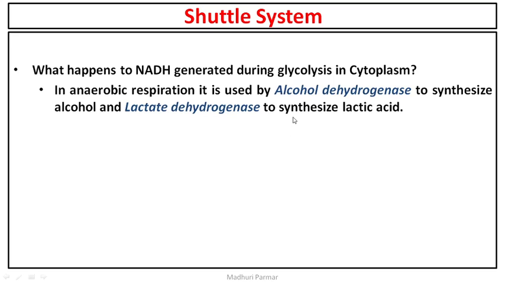If alcohol fermentation takes place, which involves the enzyme alcohol dehydrogenase, then that pathway will utilize this NADH. It will donate its hydrogen, the proton as well as the electron, to the aldehyde. The aldehyde gets converted into alcohol, and NAD plus is freed.